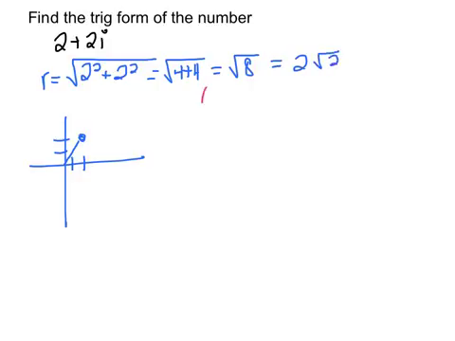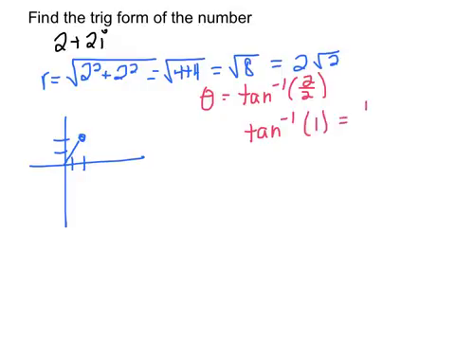The next piece is I need to find theta. Well, to find that, I'm going to take the inverse tangent of the y over the x. So the inverse tangent of 1 over 1 equals a 45-degree angle, or pi over 4.